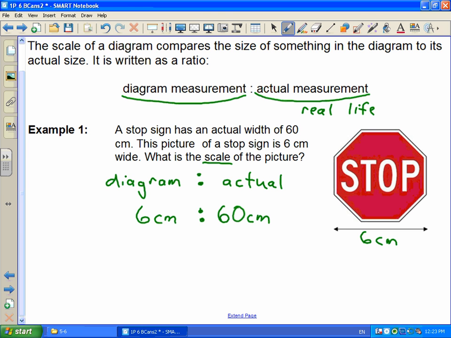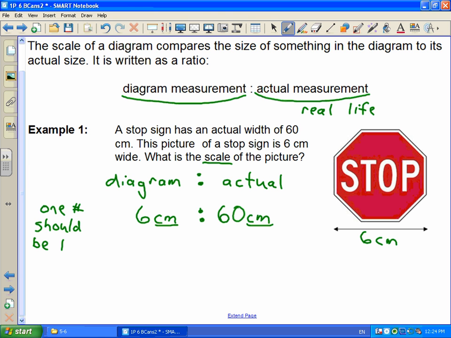Okay. Now we've got a ratio there, and this works okay because we've got centimeters here and we've got centimeters here. Okay. So those units have to agree, so we're okay there. Now when they give you the scale, one of the numbers in the scale is always going to be 1. So we want to get one number to be 1.